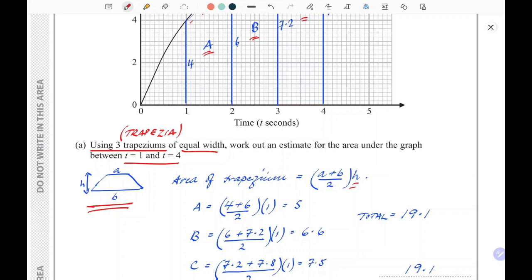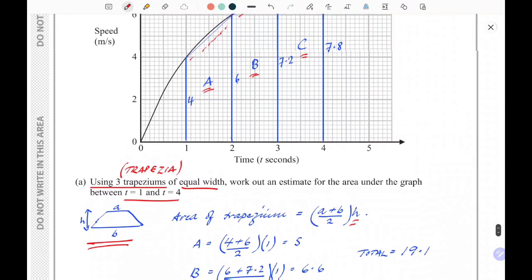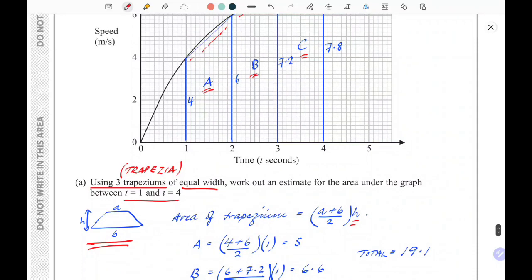And so for trapezium A, the height of the top, if you like, is 4, and the height of the bottom is 6. Add those two, divide by 2, and then times by the width. The width in each case is just 1, all right?